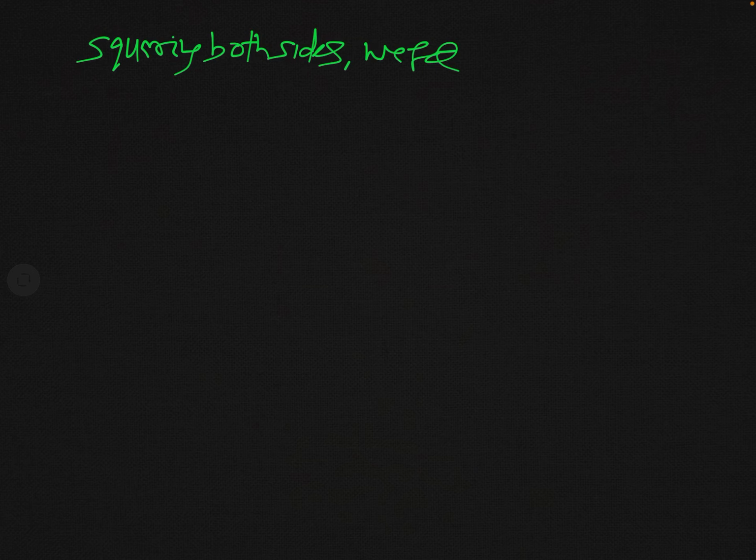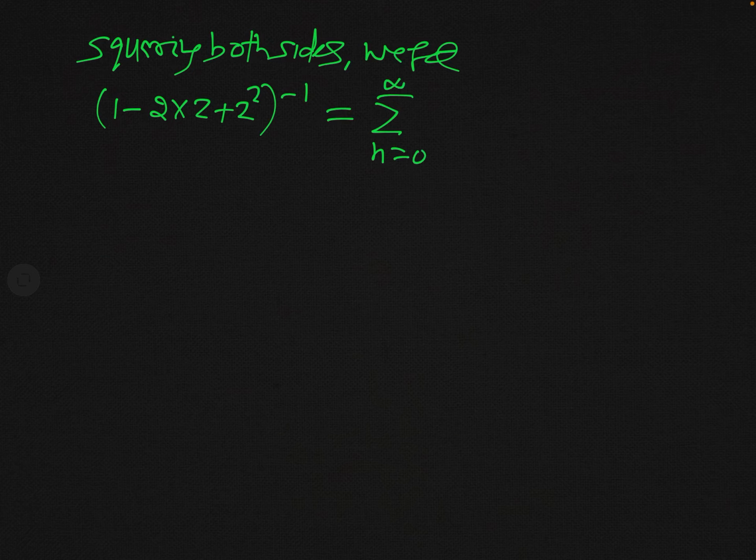We get (1 minus 2xz plus z square) to the power minus 1, because here the power was minus half, so after squaring it becomes minus 1. And in the RHS, after squaring, the result is summation n equal to 0 to infinity of (z to the power n Pn of x) whole square.